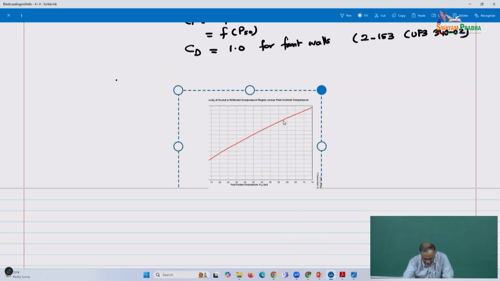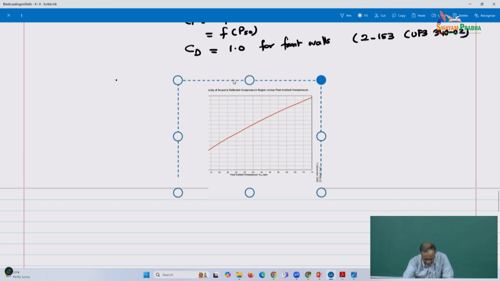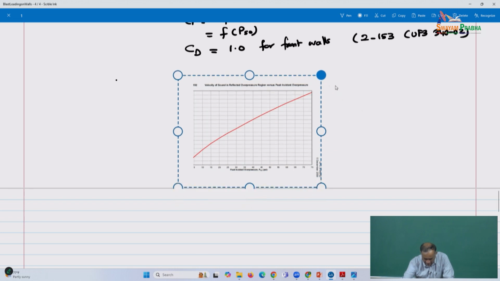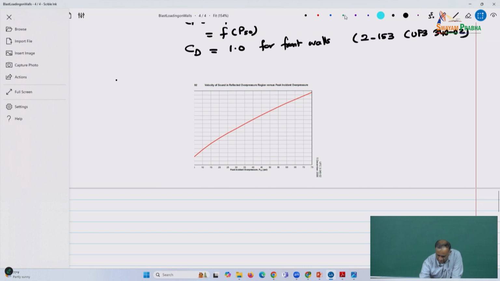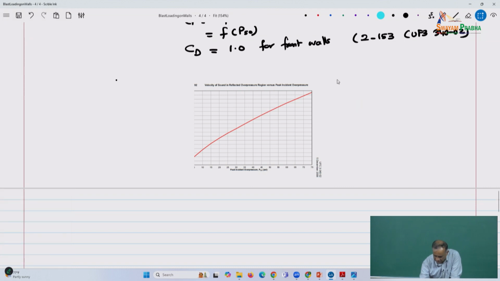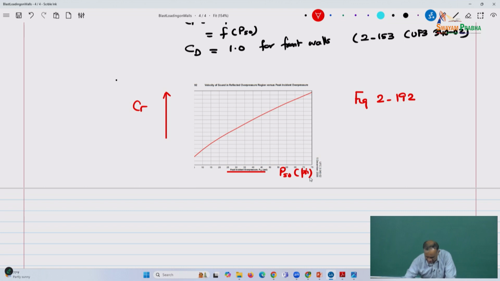Anyway, you can refer to figure 1-2-192. Basically here you have CR, and this, if you see, is PSO in PSI.